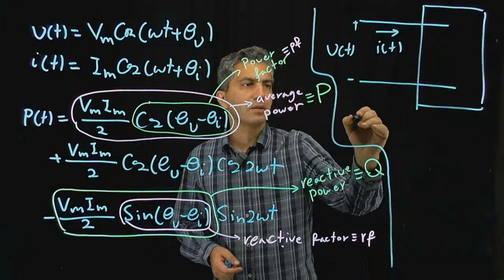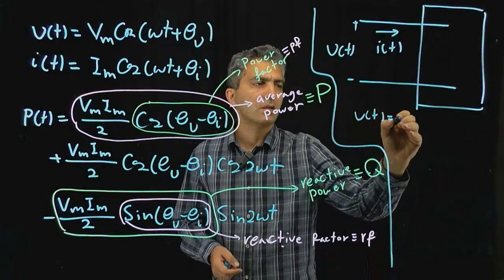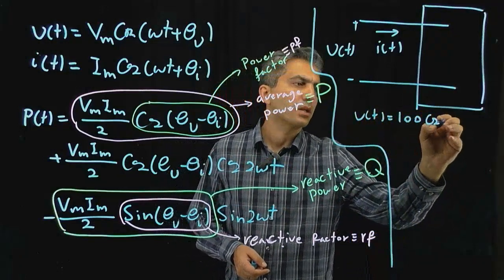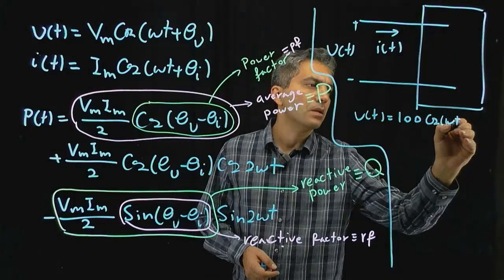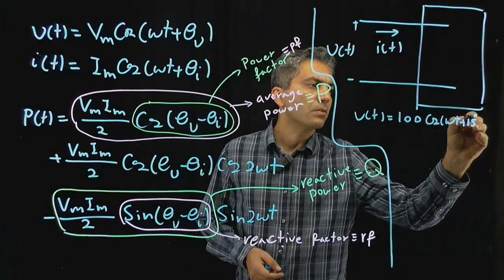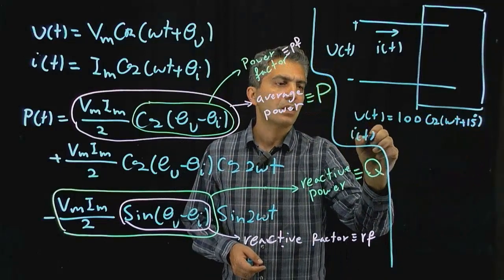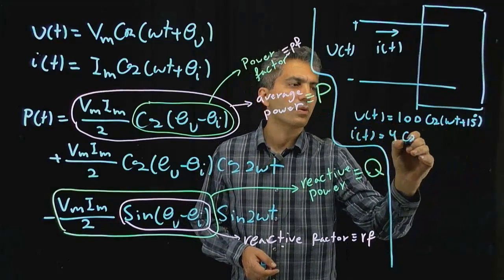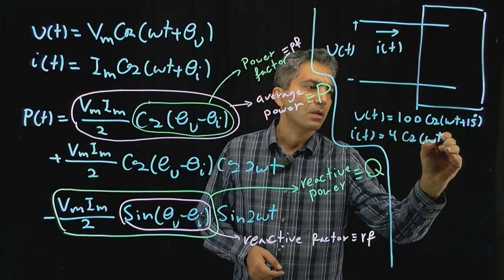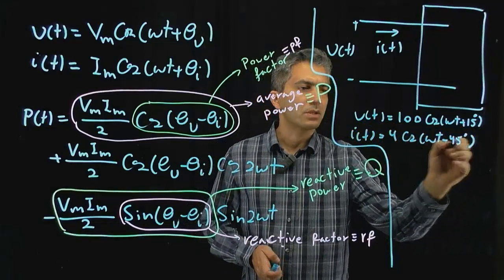Let's imagine that v(t) is equal to 100 cosine of omega t plus 15 degrees, and i(t) happens to be 4 times cosine of omega t minus 45 degrees.